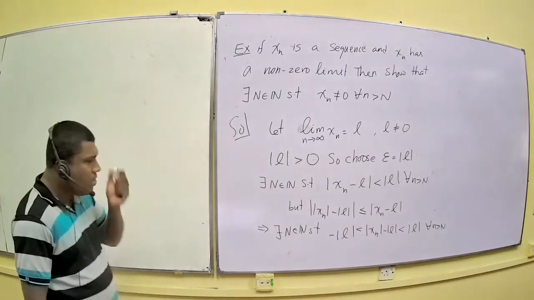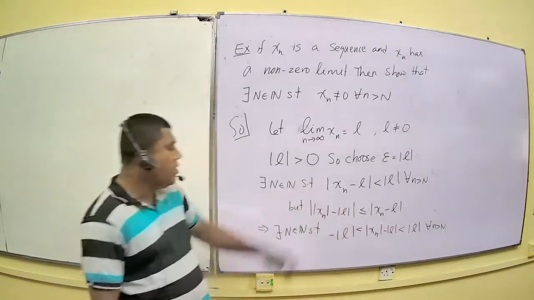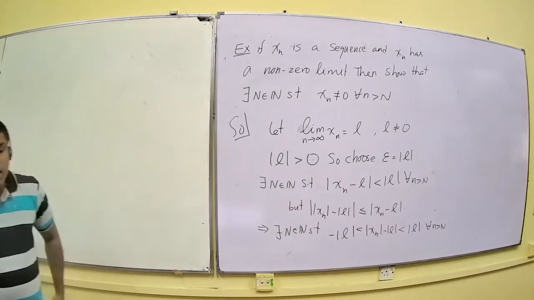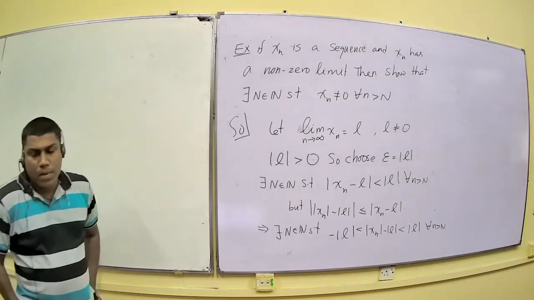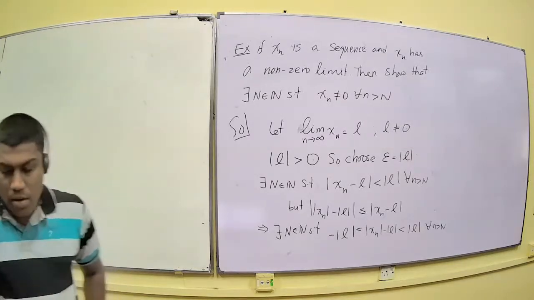Then you remove this absolute value, so you get minus that value less than the quantity less than plus that value.